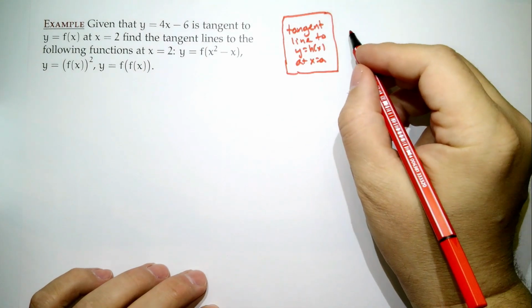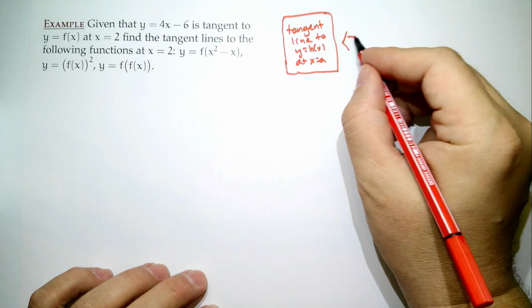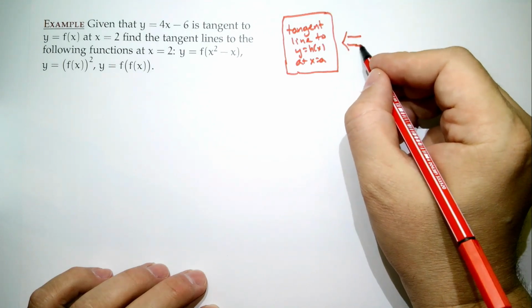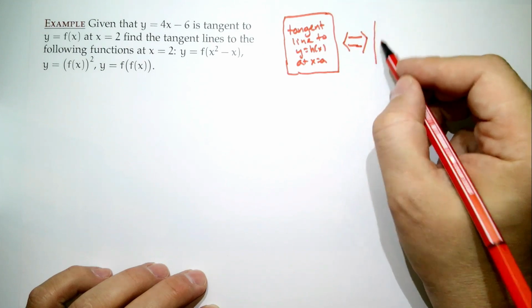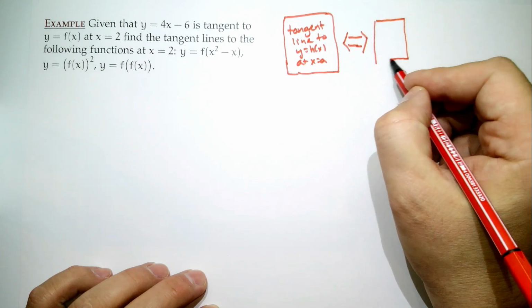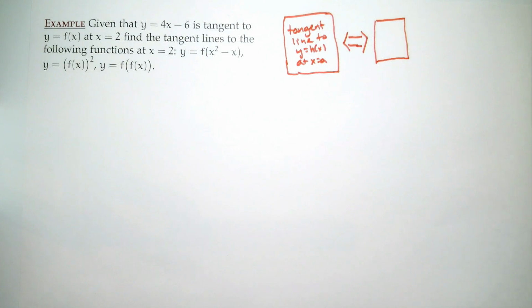What's happening is that tangent line is actually storing two pieces of information about the function h. Two pieces, no more, no less. So if I have a tangent line to a function at a particular point, I claim there are exactly two things I can say about that function and nothing else.